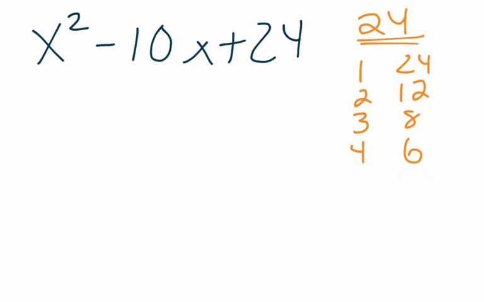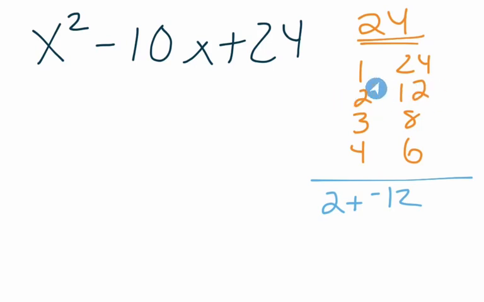Now, what's tricky about this problem is that there are actually 2 sets of numbers that you could pick to get a negative 10. And so you actually need to pay attention to the positive and the negative here. So I can get a negative 10 two different ways. I can do positive 2 plus negative 12.